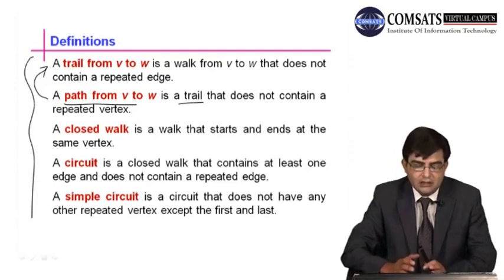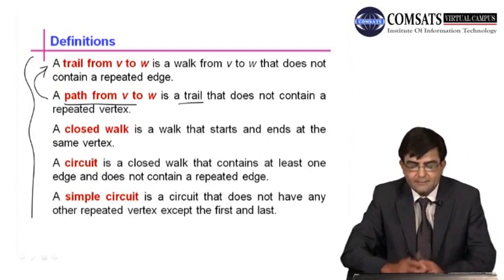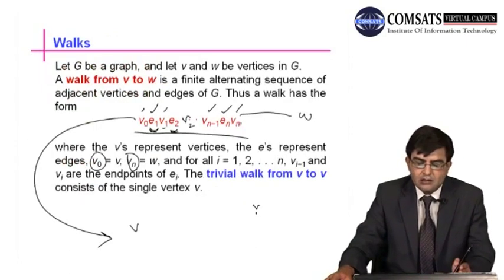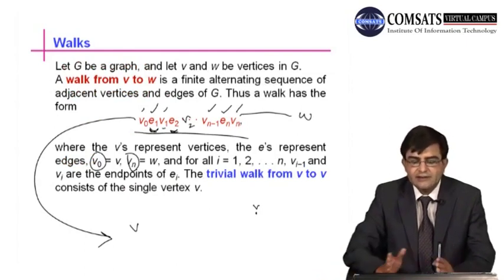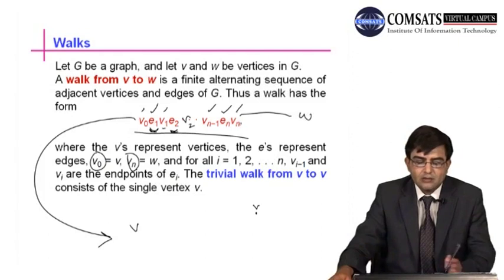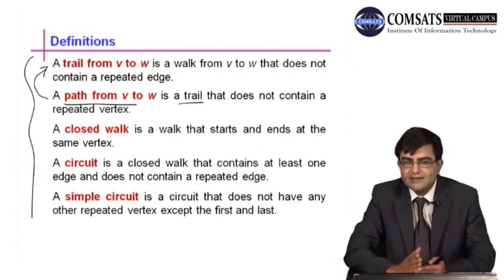It doesn't have to be a path or a trial, whereas in the second definition a path must be a trial first, and then we see whether it is a path or not. A walk is an alternating sequence that may start and end at two different vertices, but a closed walk is a walk which starts and ends at the same vertex.